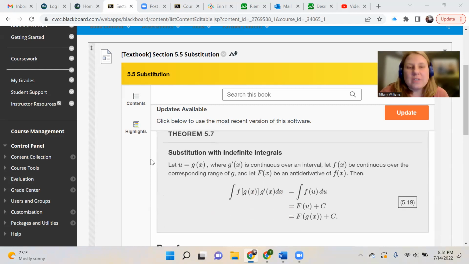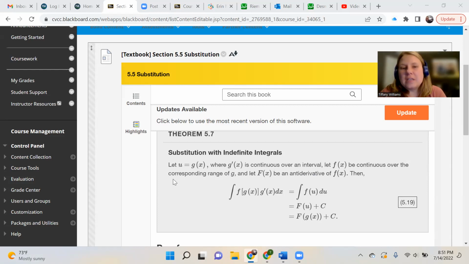So we've got theorem 5.7 here that tells us how to do substitution with indefinite integrals. Now, we do have two different substitution rules, one with indefinite, one with definite. They're almost the same thing, except for with the definite, sometimes we have to change our bounds. So let u be equal to g of x, or whatever that inside function is, where g prime of x is continuous over an interval.